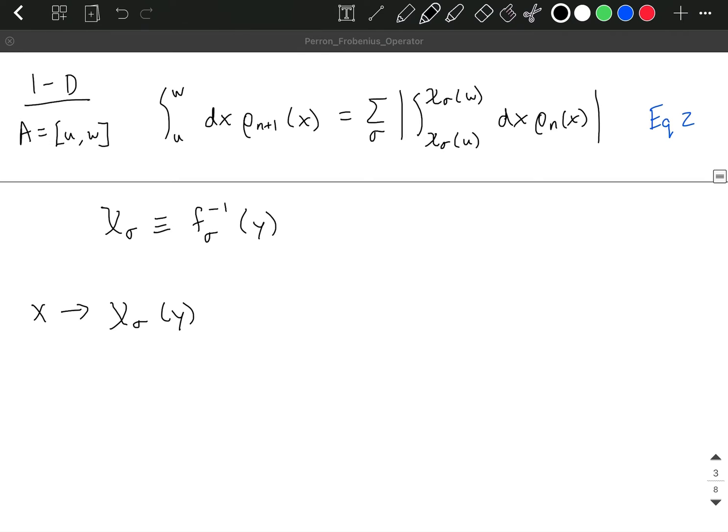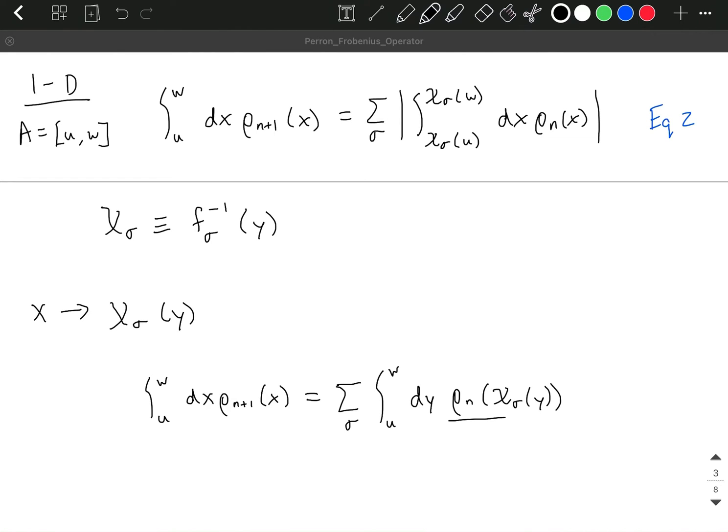And the result of that is, just repeating the left-hand side, the integral dx rho n plus 1 of x is equal to, and again, this is still the sum over sigma, and we're integrating from u to w after this substitution over dy, and the integrand is rho sub n of chi sub sigma of y, over the derivative of chi sub sigma of y.